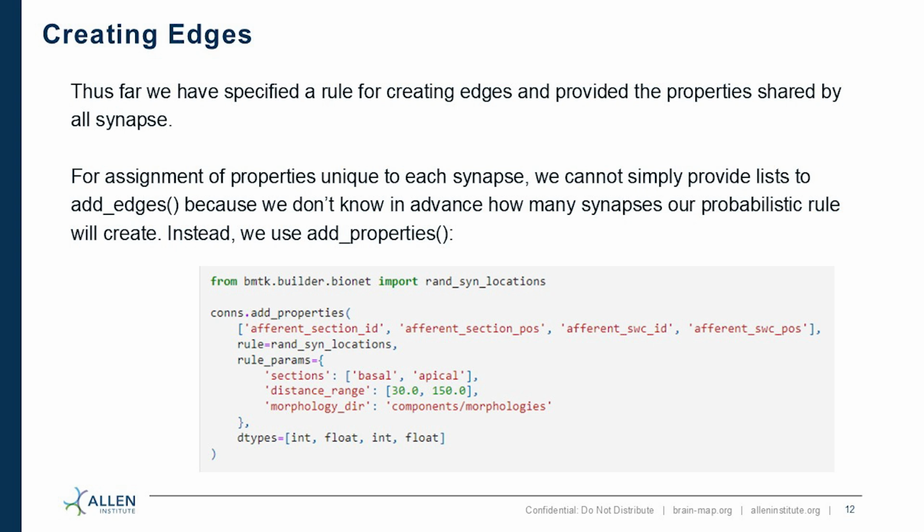And this is based on the SWC based definition or characterization of these cells' morphology. And we're assigning a random synapse location on either the basal or apical dendrites within some range of distance. And this is part of a built-in RANSYN locations function.